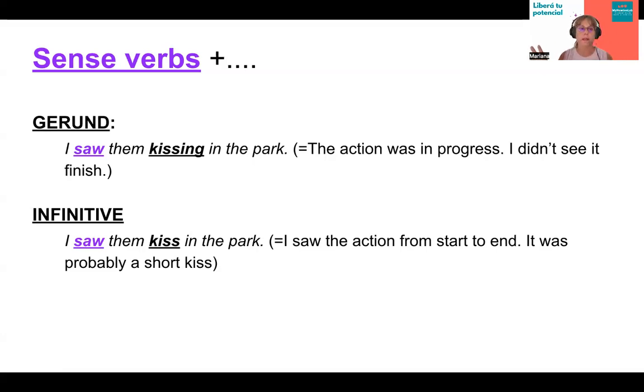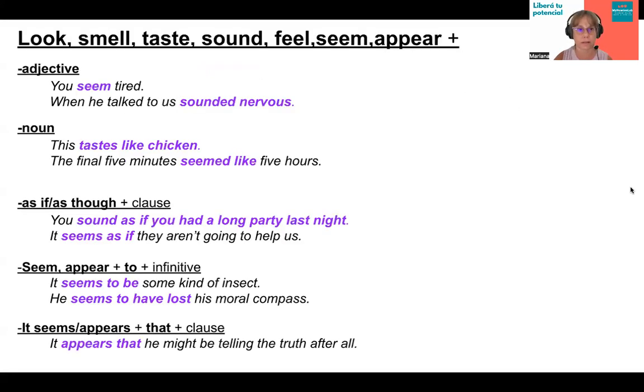Now, if you say, I saw them kiss, you saw all the process from beginning to end, probably something short. Okay, so use the gerund when the action is in progress and you did not see the end, and the infinitive when you could see the end. Okay, so more to remember here.